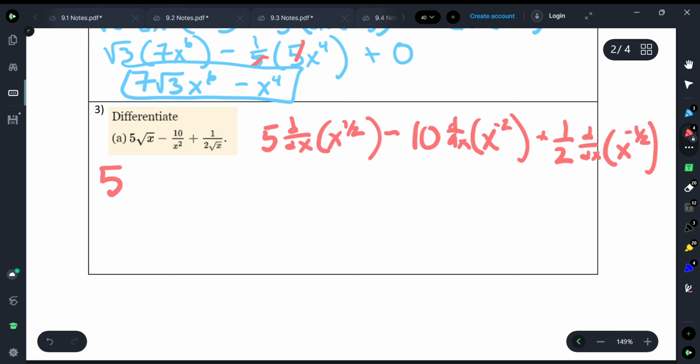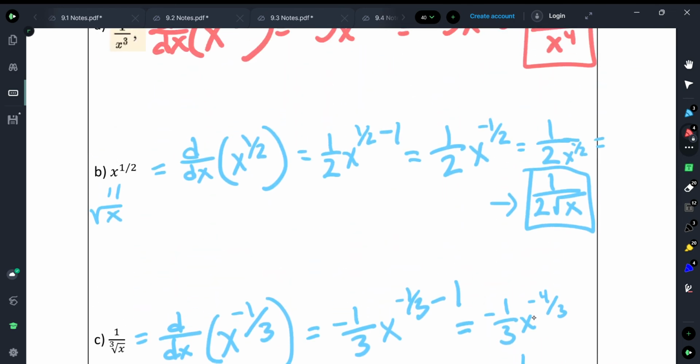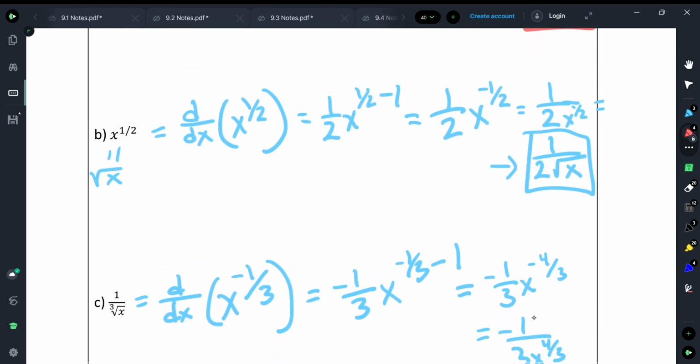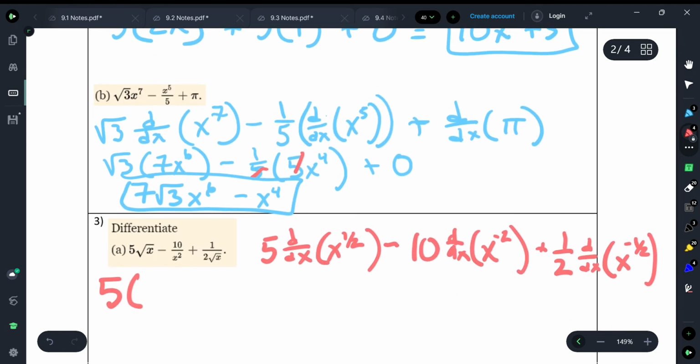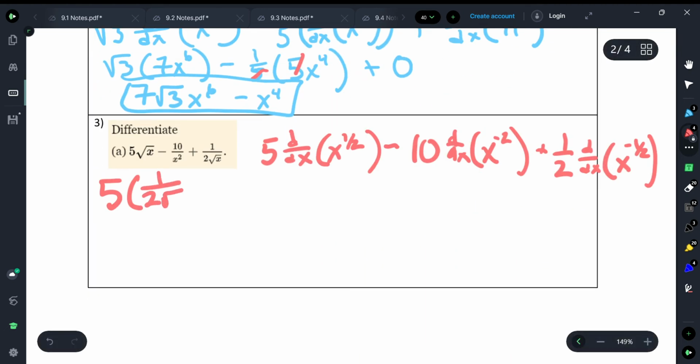All right, so we got 5 times, we already know what that looks like, 1/2 times root x. All right, cool. So that's not a problem because we've done that already. Okay, minus 10 times that -2 comes down, x, -2 minus 1 is -3. Okay, cool, not too bad.